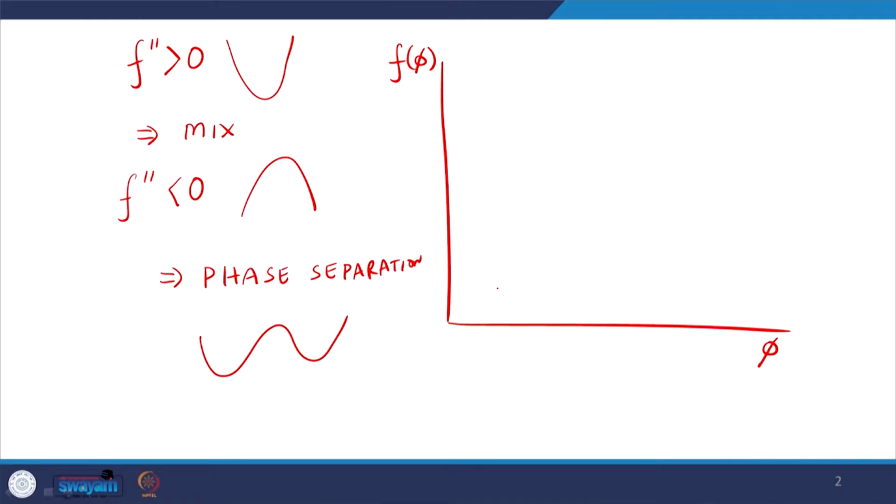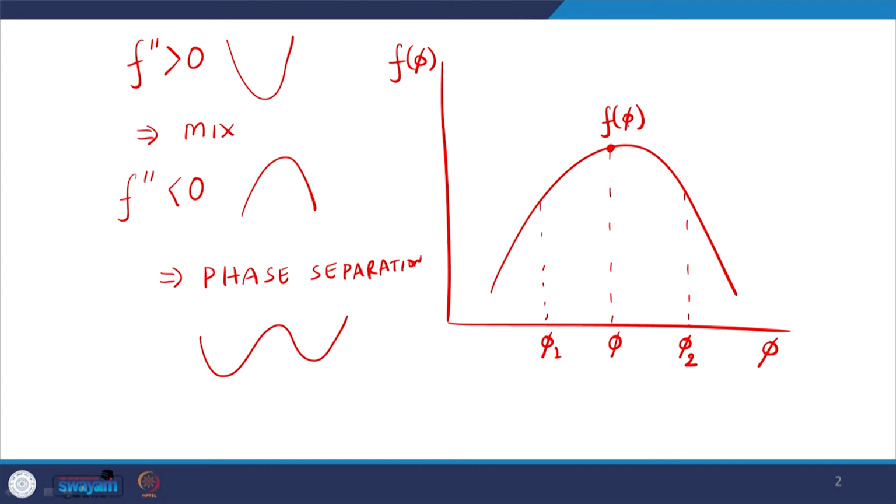So let's say first of all we take the case when we had a convex function, and I was saying that I will start with some phi 1 and phi 2 value, and clearly we have figured out that for them to form a homogeneous solution, whatever free energy density comes out happens to be higher than what we got from here, that is x f phi 1 plus 1 minus x f phi 2, and therefore the system is not going to mix.